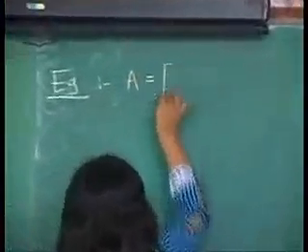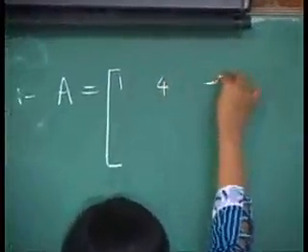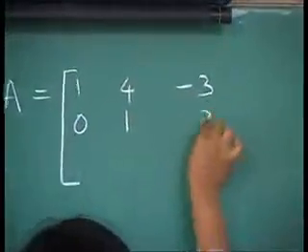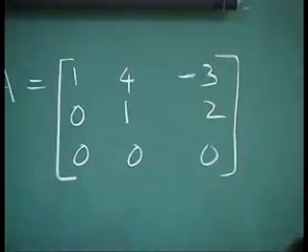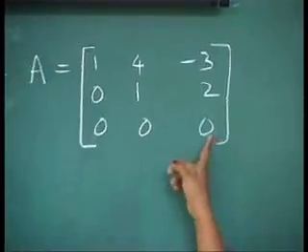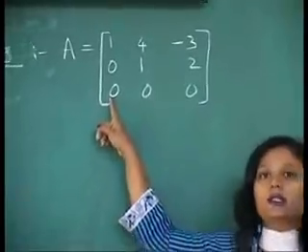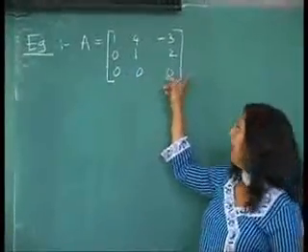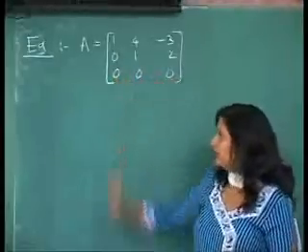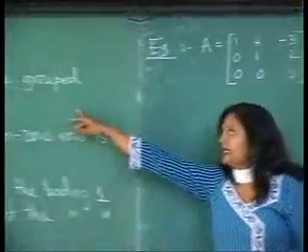So let's take this matrix 1, 4, minus 3, 0, 1, 2, 0, 0, 0 and check whether the conditions are satisfied. Firstly, notice that there is a row consisting entirely of zeros, and it is at the bottom of the matrix. So condition 1 is satisfied.